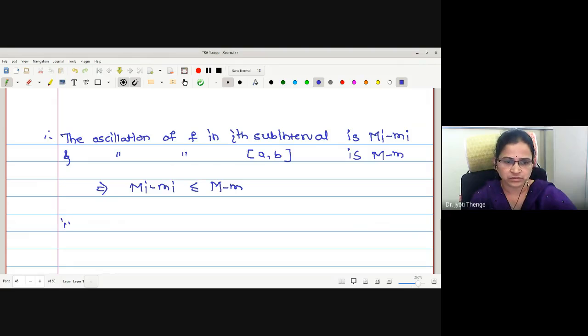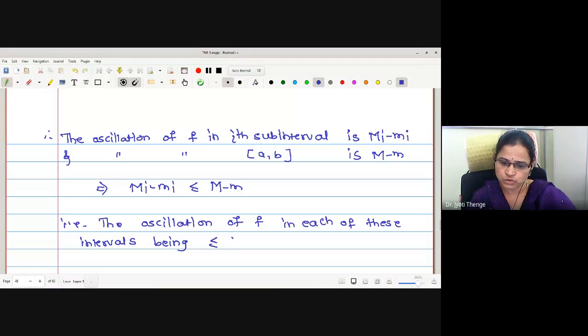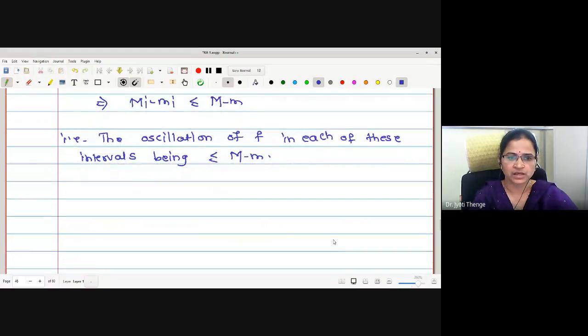That is, the oscillation of f in each of these subintervals is less than or equal to capital M minus small m. Now we will write the total contribution by these P subintervals enclosing P points of discontinuity.